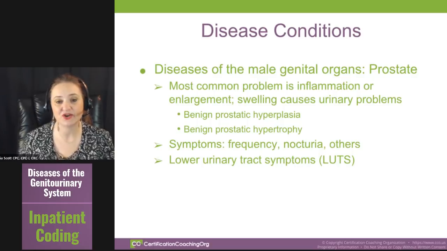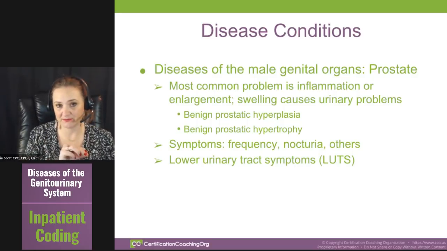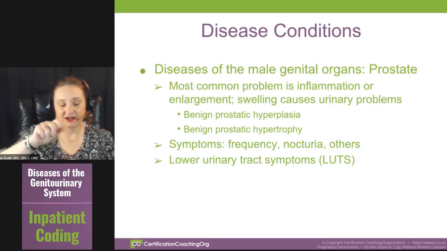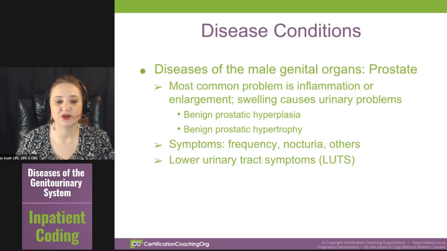When this happens, it causes a urinary flow problem, because the prostate is right there where the urethra, not the ureters, but the urethra comes out, and that swells up, and it's almost like turning the tap real tight, just letting a little urine out at a time. And so it causes a lot of problems.